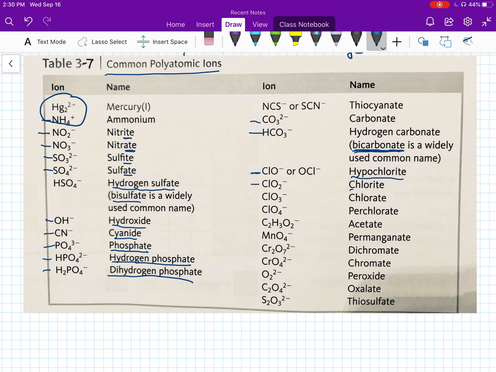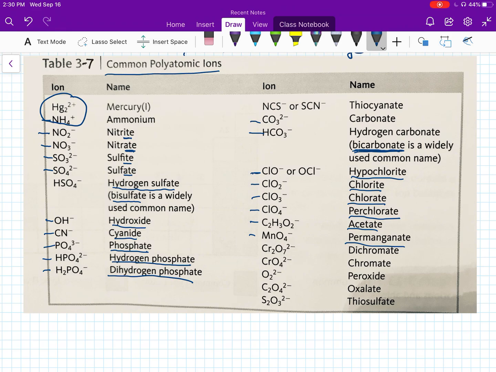And then ClO2 minus is chlorite, ClO3 minus is chlorate, and ClO4 minus is perchlorate. So chlorine is an atom that can take a lot of different charges, so that's why we have this abundance of different oxoanions of chlorine. Here we have acetate and MnO4 minus, permanganate, and so on down the line.